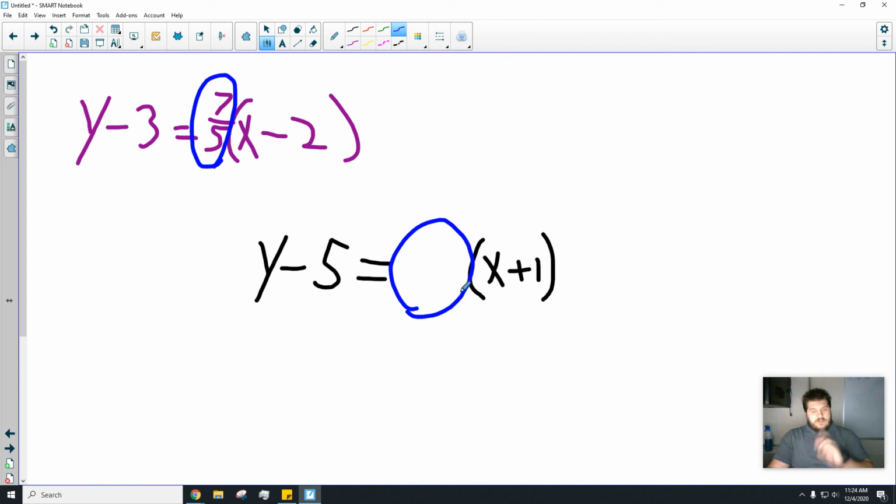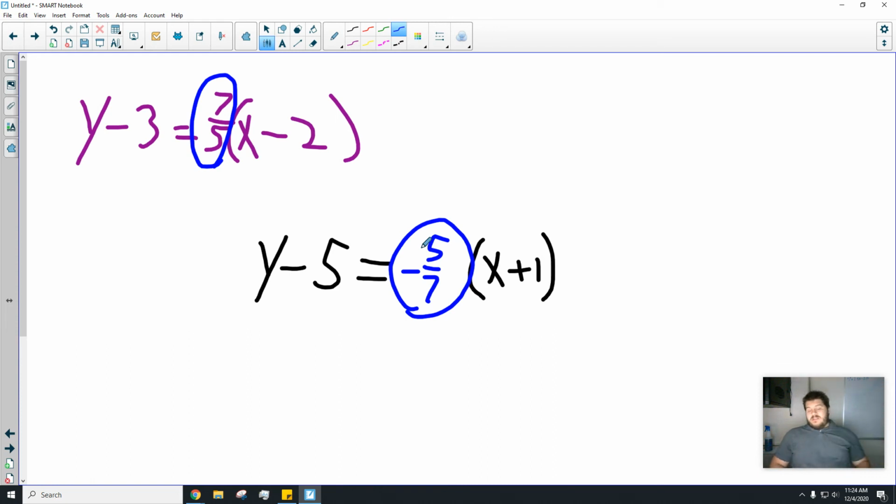You don't have to look at two numbers. So if this is 7/5, what should be here would be -5/7, because this is positive, this has to be negative. 7's on top here, so it should be on the bottom here. 5's on the bottom here, so it should be on the top here.